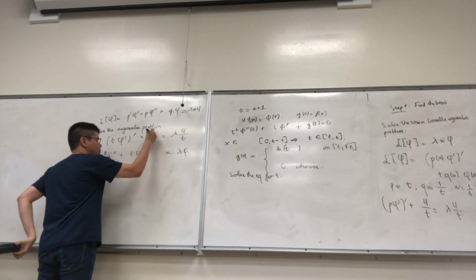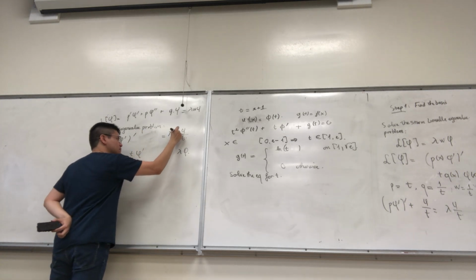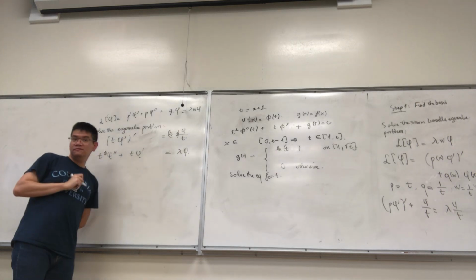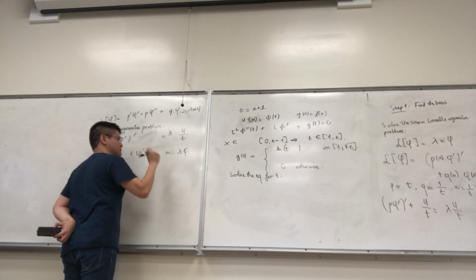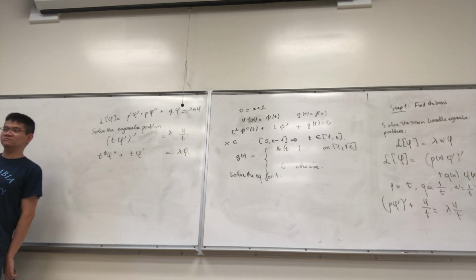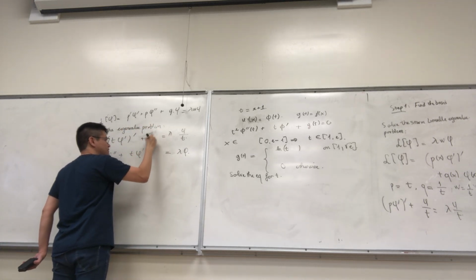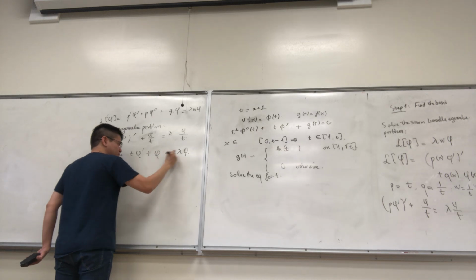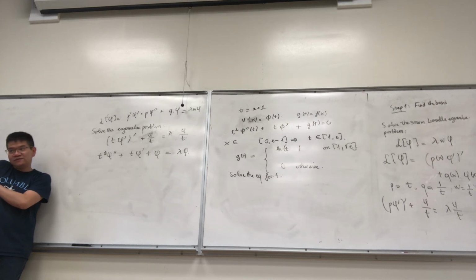In the previous example, I have phi over T. So I put it to the other side, lambda minus 1, right? And I can call it lambda. Is it clear? Okay, so let me put it back to phi over T. And then here you have phi plus lambda phi. All right?